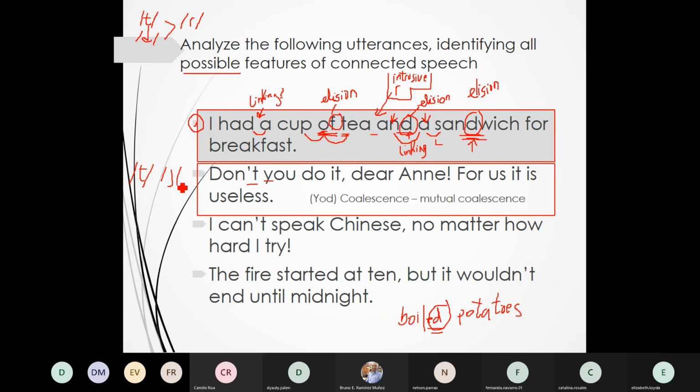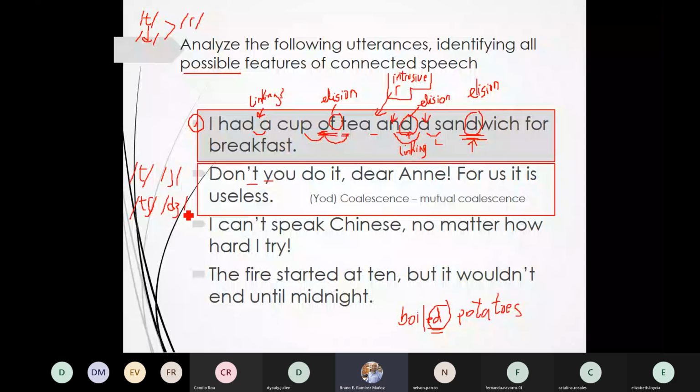Some people say "don't you" with a voiceless affricate, and some people use an affricate as well, but voiced. "Don't you", j as in jeans.